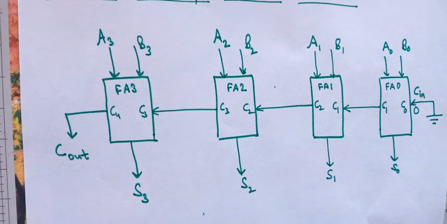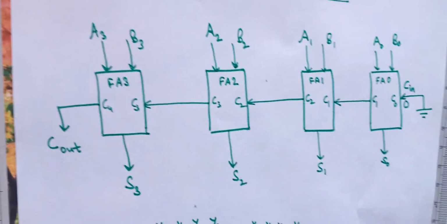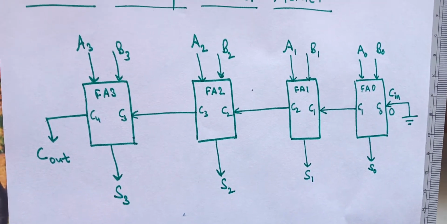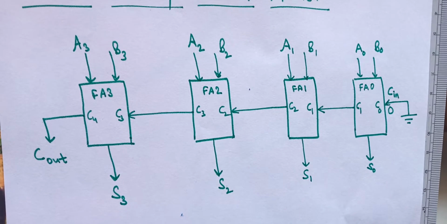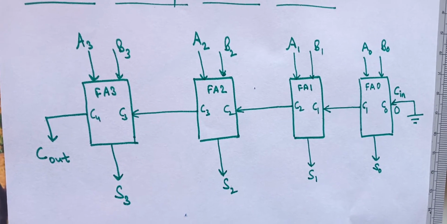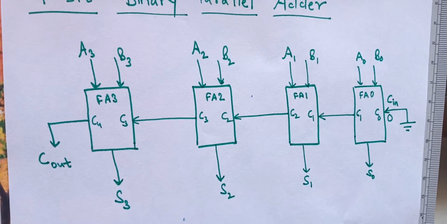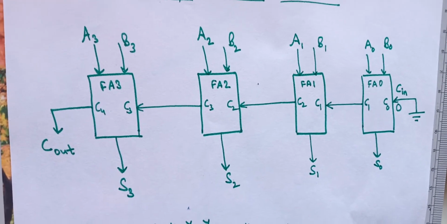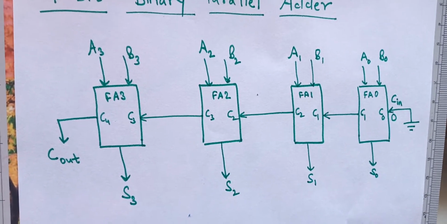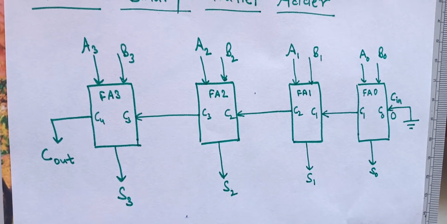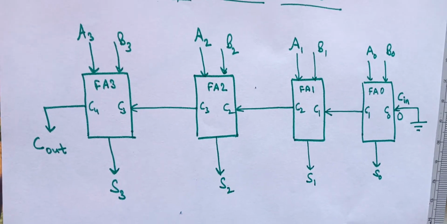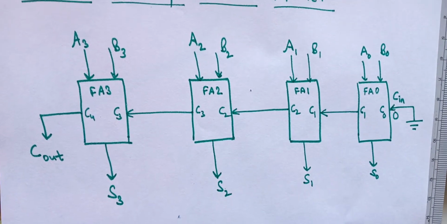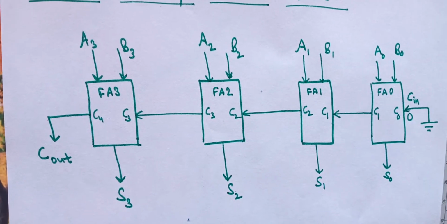X XOR Y XOR Z. Let us say these are the 3 inputs. So the sum will be this, and carry will be XY plus YZ plus ZX. So 2 XOR gates are required for sum, and 3 AND and 2 OR. This we all have studied in detail in class. So I am just telling that inside these also there are basic gates.